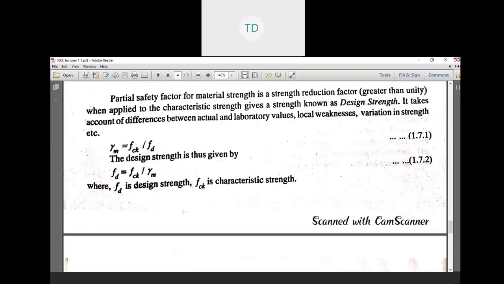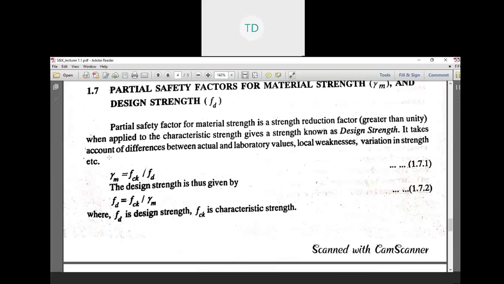It takes account of the difference between actual and laboratory values, local weakness, variation in strength, etc. For this, gamma m, the partial safety factor for material strength, is equal to Fck divided by Fd. Fd is design strength and Fck is the characteristic strength of concrete.